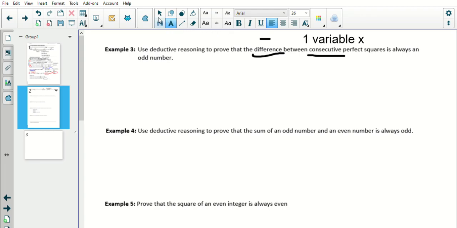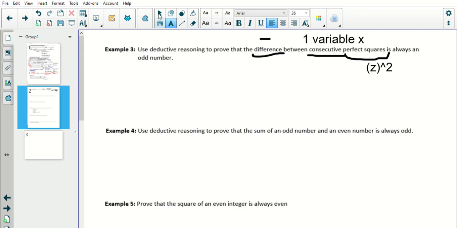Okay? And then the next thing I see is perfect squares. So that means at some point in time, I'm going to have to replace that with Z squared. Okay, and I'm going to use my caret, Z squared. I'm going to have to square that function eventually.